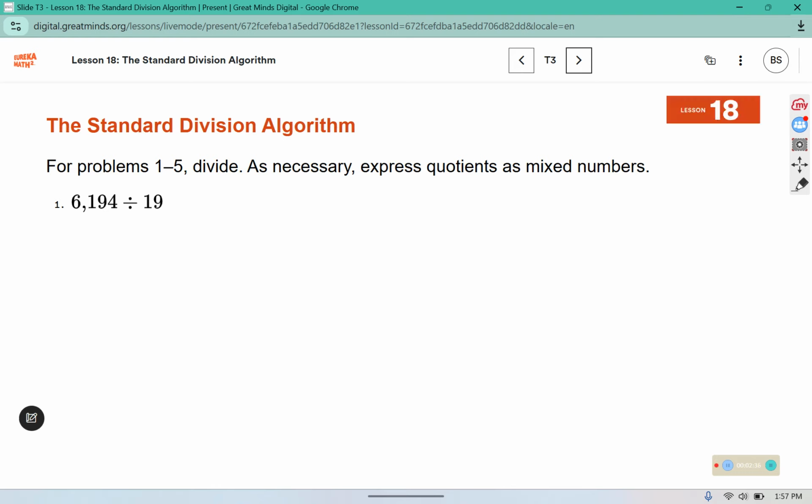For problems 1 through 5, divide. As necessary, express quotients as mixed numbers. So I went ahead and I created a list of the multiples of 19 just to help me as I'm going through.